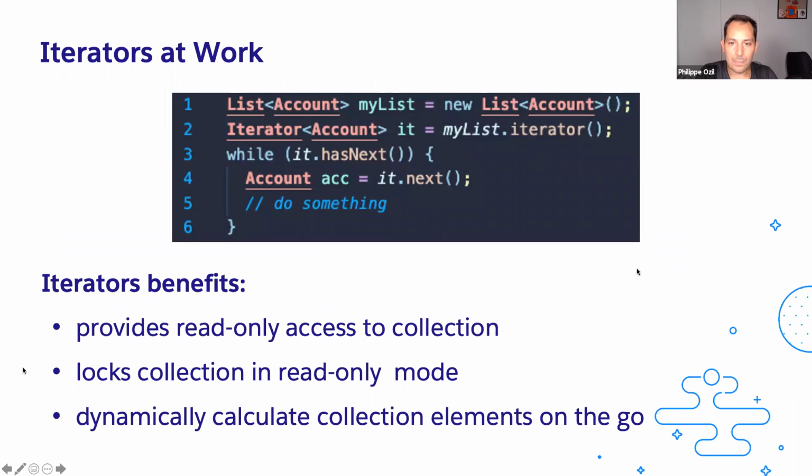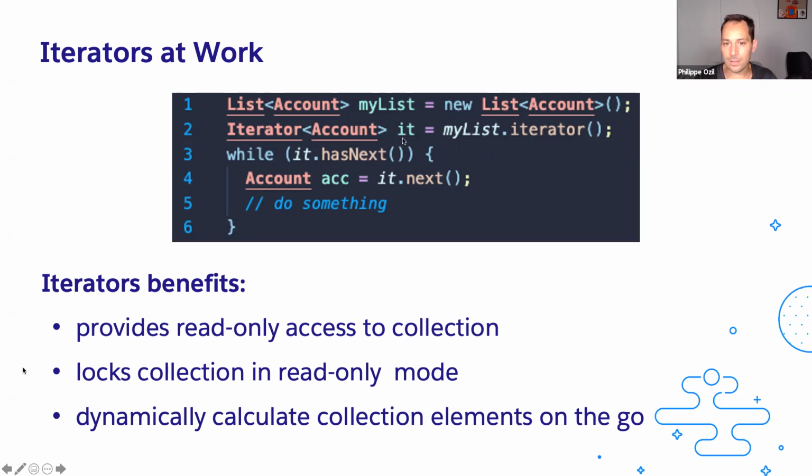In the short code sample here, we have an example. We start by building a list of accounts, and we call .iterator, which is coming from the Iterable interface. Our list implements the Iterable interface, so we can call iterator, and we get an iterator on the Account object.